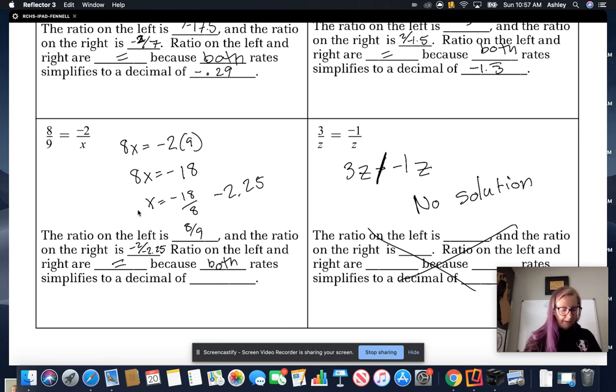Let's find out what negative 2 divided by negative 2.25 is. It's positive 0.8 repeating, because a negative divided by a negative is a positive. Let's double check. 8 divided by 9 is also positive 0.8 repeating. It is. We are good to go.